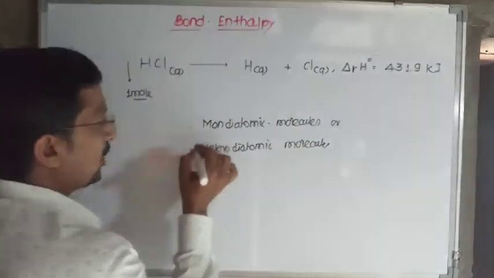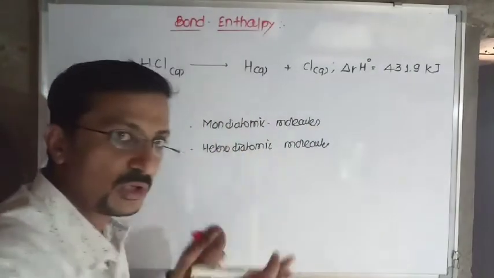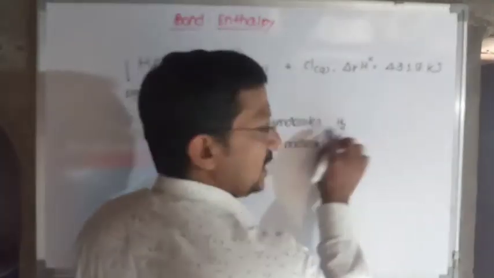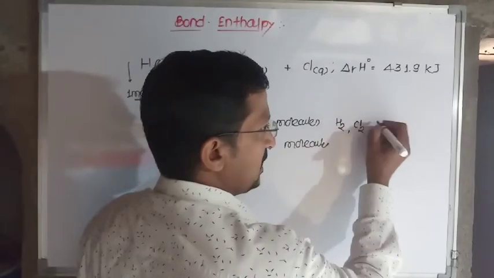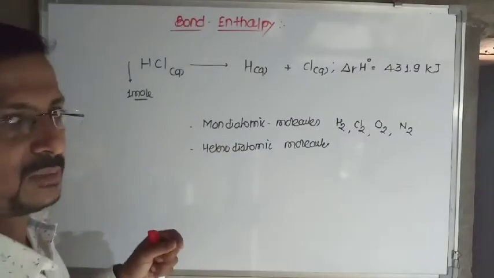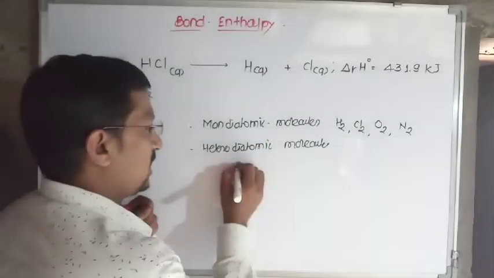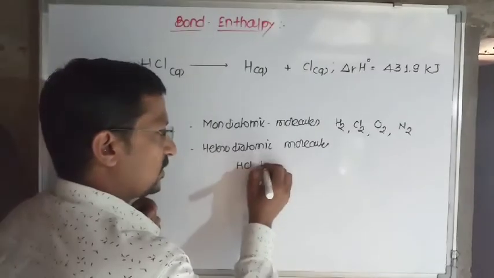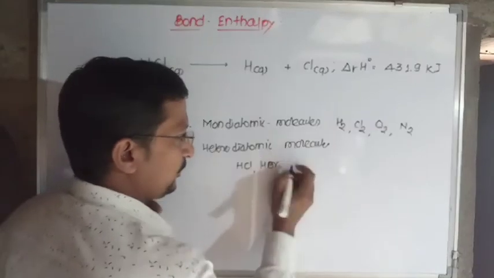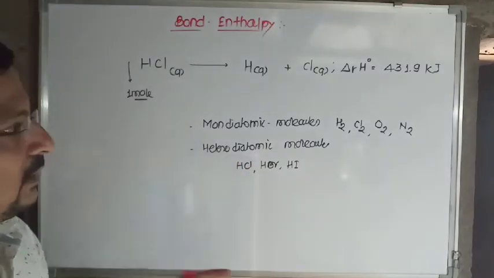Monodiatomic molecules are those molecules prepared by a combination of the same atoms, like hydrogen H-H, chlorine Cl-Cl, oxygen O2, nitrogen N triple bond N. Heterodiatomic molecules are formed by the combination of two different atoms: HCl, HBr, or HI. These are the heterodiatomic molecules.